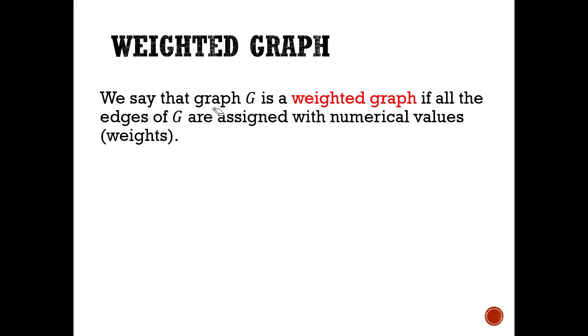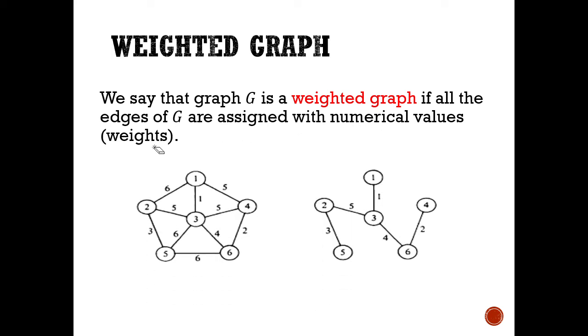Okay, continuing our discussion, we have the notion of a weighted graph. So what is this weighted graph? We say that a graph is a weighted graph if all the edges are assigned numerical values. Now here are some examples. So the vertices are the small circles, the edges are the line segments.